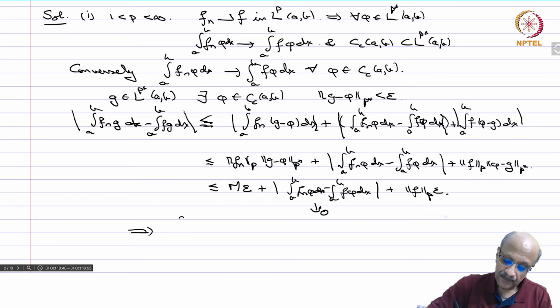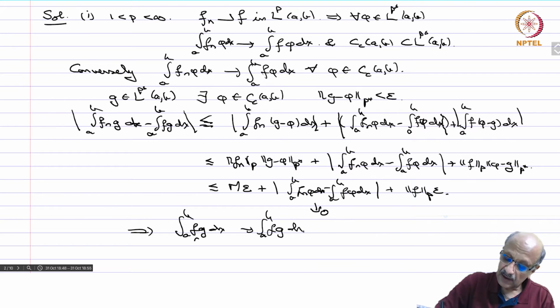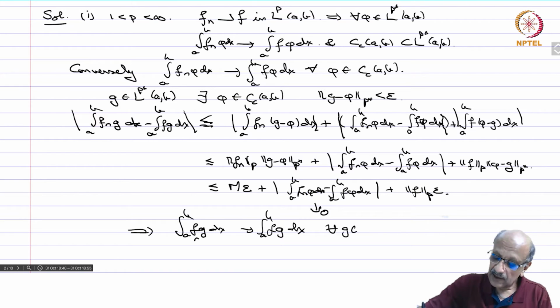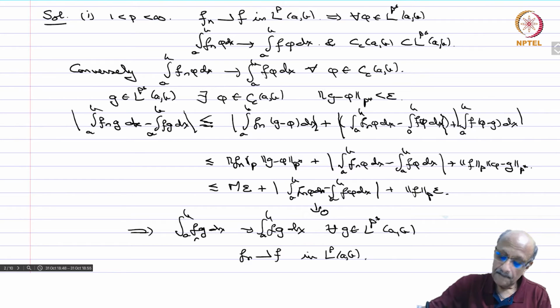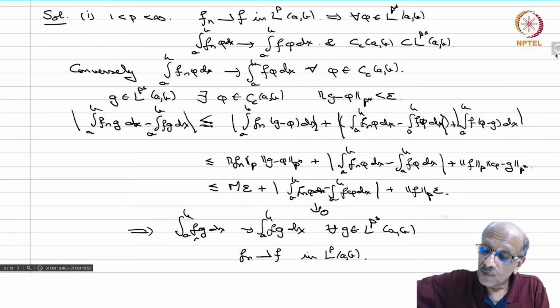So this implies that integral from A to B of f_n g dx goes to integral from A to B of f g dx for every g in Lp star (A,B), and that is f_n goes to f weakly in Lp. Okay, so that proves 1.